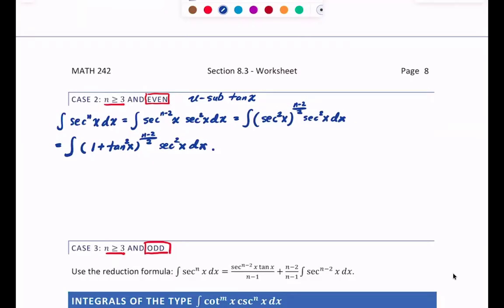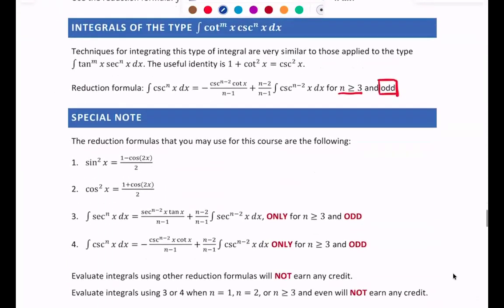It's the exact same strategy, but you do it in terms of cotangent and cosecant. Okay, so let's try that out.